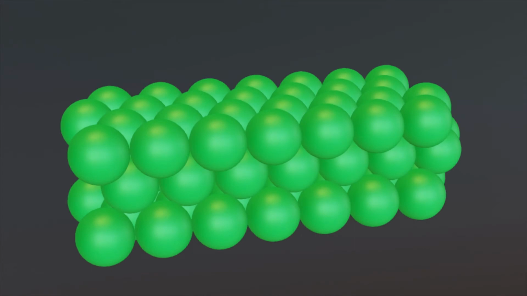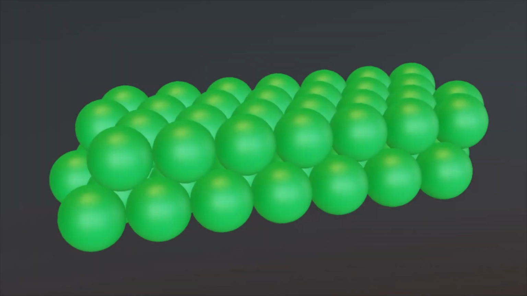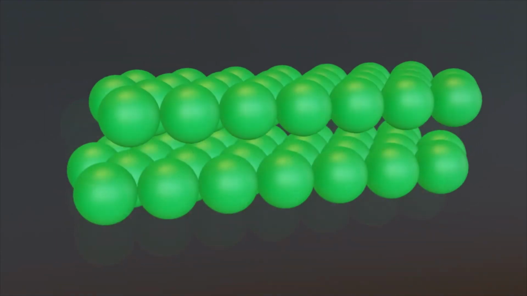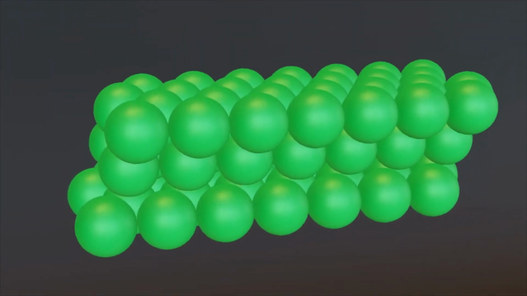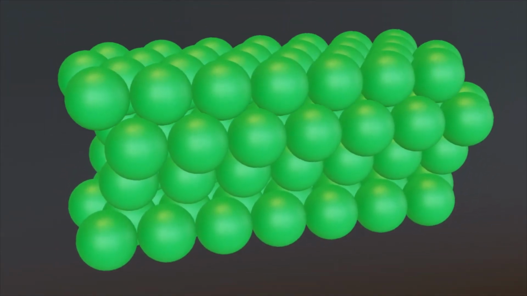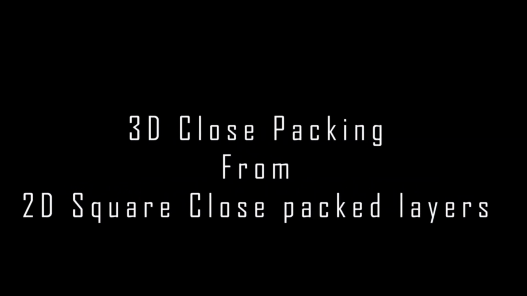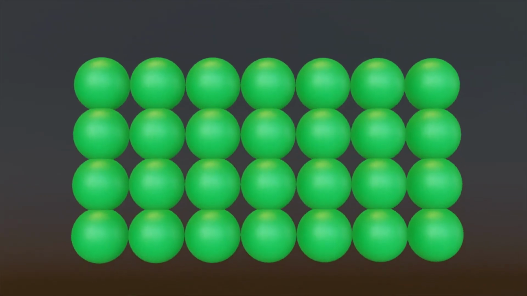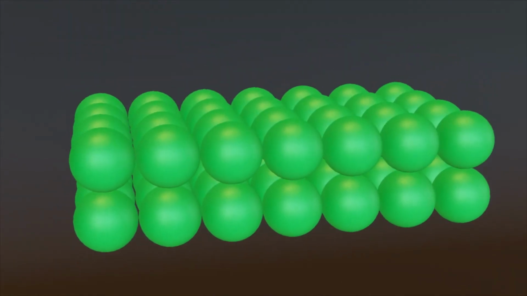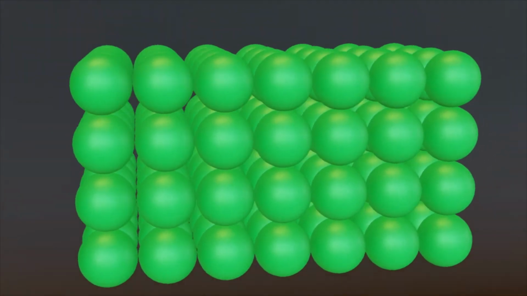All real structures are three-dimensional structures. They can be obtained by stacking two-dimensional layers one above the other. The second layer is placed over the first layer such that the spheres of the upper layer are exactly above those of the first layer.